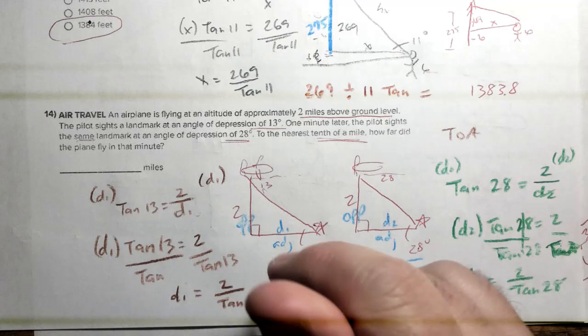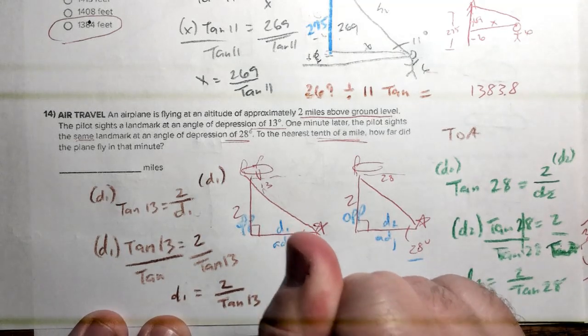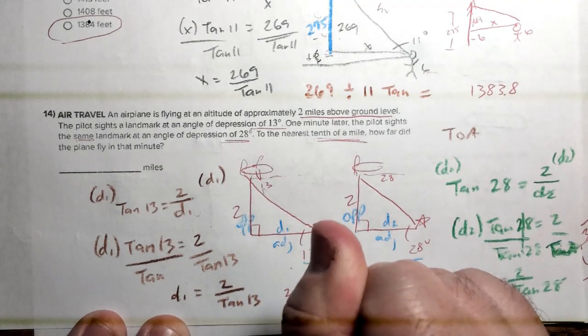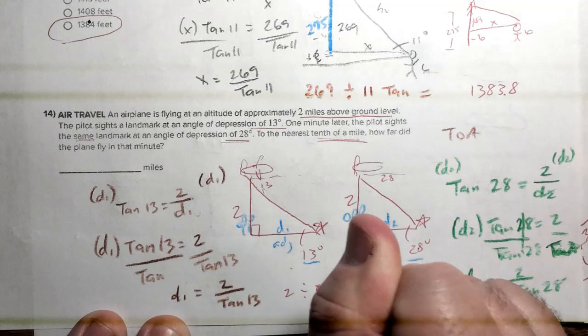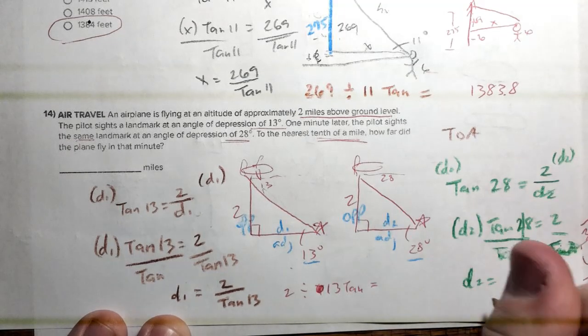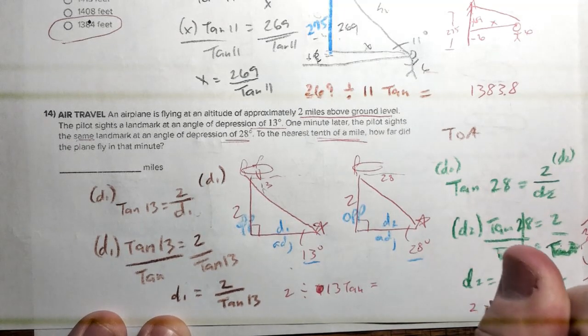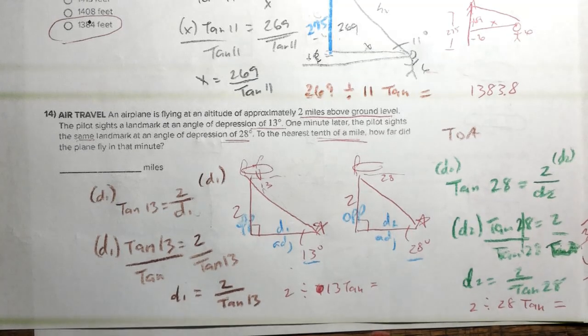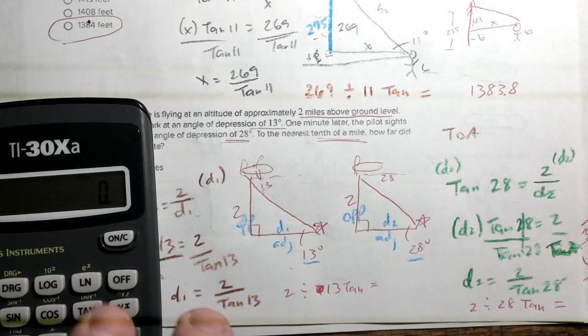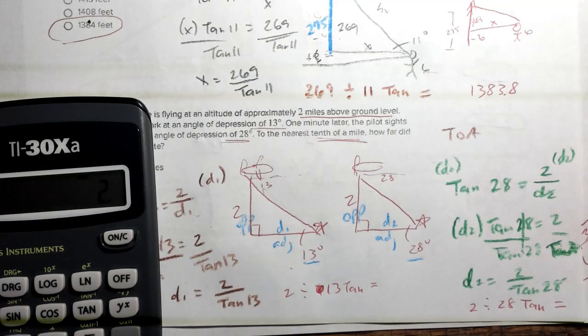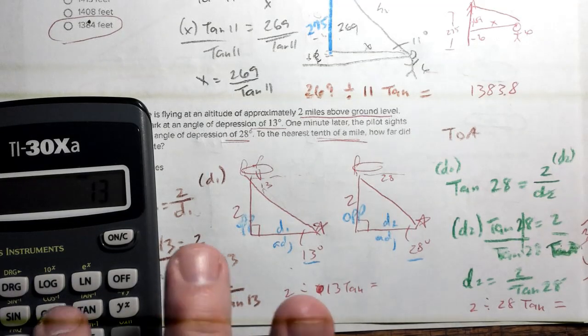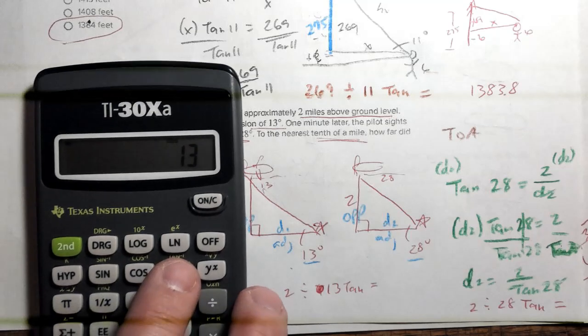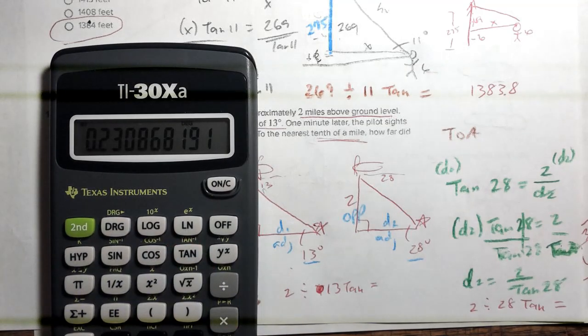So in the calculator, this is going to be 2 divided by 13 tan equals, and this is going to be 2 divided by 28 tan equals. So 2 divided by 13 tan equals.